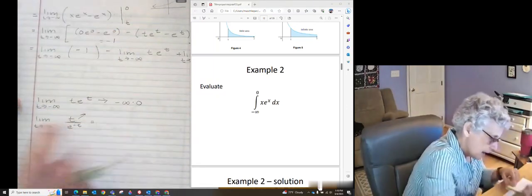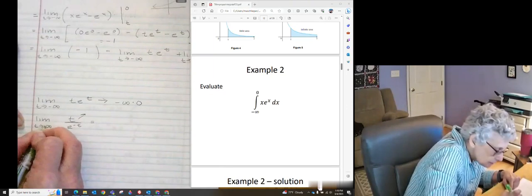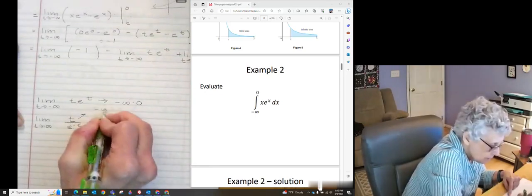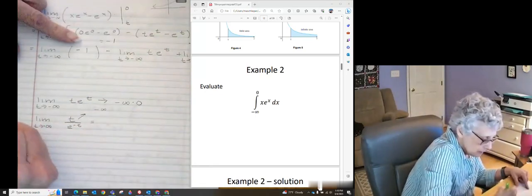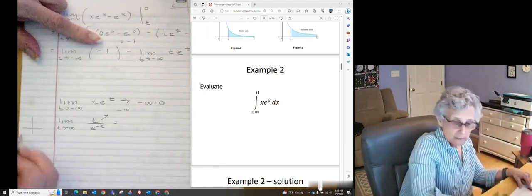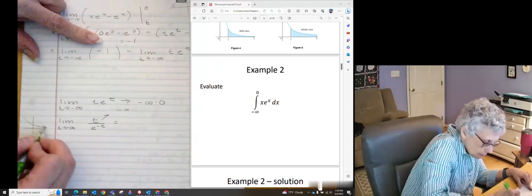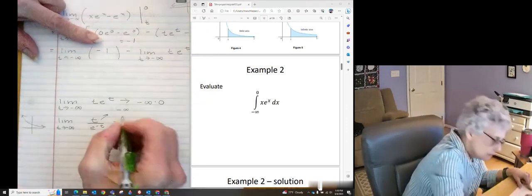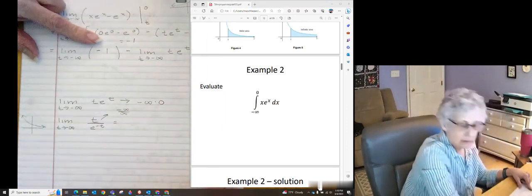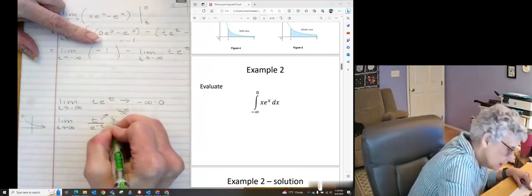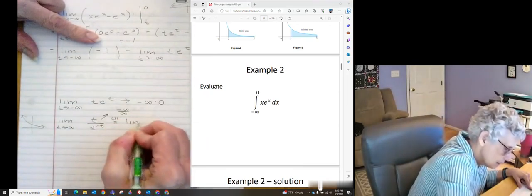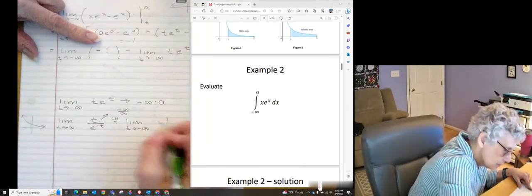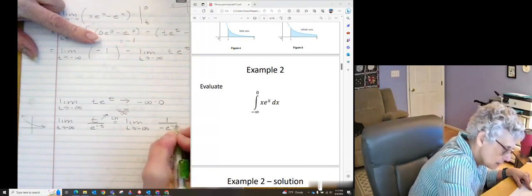Now, as t approaches negative infinity, t on top goes to negative infinity, but e to the negative t looks like that. So as t approaches negative infinity, this would be negative infinity over infinity. So now I can L'Hopital this thing, and I have the limit as t approaches negative infinity of 1 over negative e to the negative t.